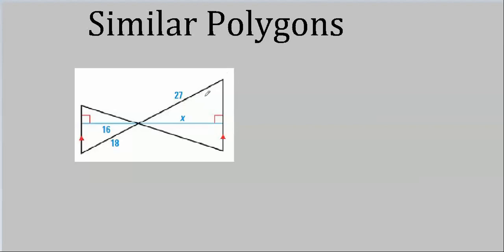Which makes this pretty easy. All we have to write is, once you know that little fact that they all have the same ratio, then this is pretty easy. Because 27 over 18 must be the same ratio as x over 16. Real easy.